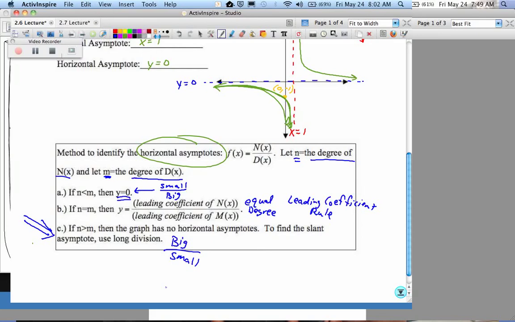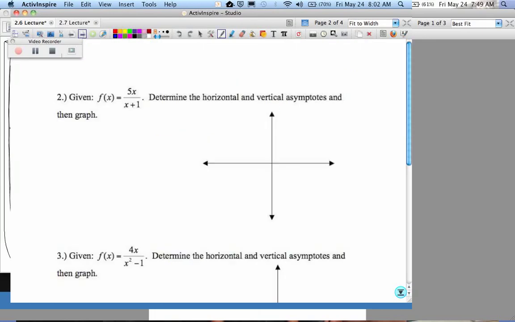The value gets bigger and bigger and bigger. So nothing's controlling it. It would just continue to rise or in the negative direction maybe go down forever. So it's called a slant asymptote. It would never level off. Then you have to use your polynomial long division to get your answer.